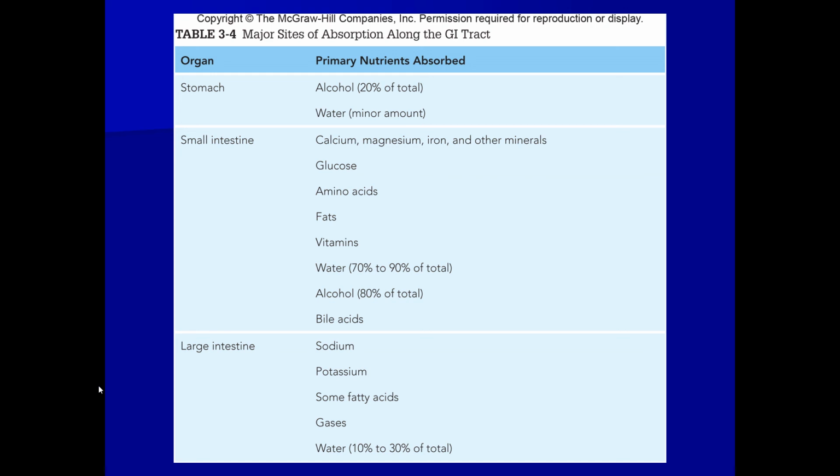That's the primary place where we absorb different nutrients: calcium, magnesium, iron, and other minerals, glucose or carbohydrate, amino acids or protein, fats, most vitamins, most of the water, and the rest of the alcohol. Now, the large intestine is really just where we take up sodium and potassium. There are some fatty acids, very short chain fatty acids, that are actually absorbed in the large intestine, but that's about it. And water is absorbed there.